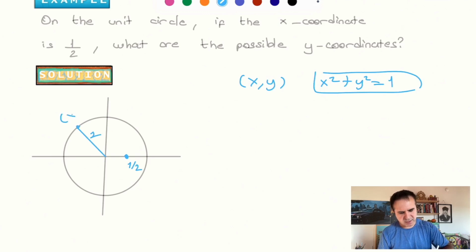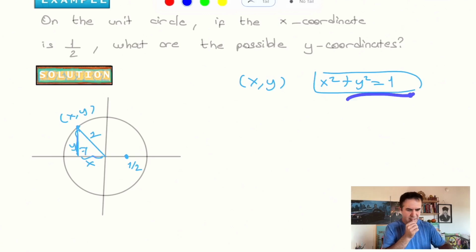If this is the point, this is x, this is y, x squared plus y squared should be equal to 1. So if we are given the x coordinate, we can find the possible y coordinates by using this relationship. Or if we are given the y coordinate, we can also find the x coordinate using, again, this relationship.